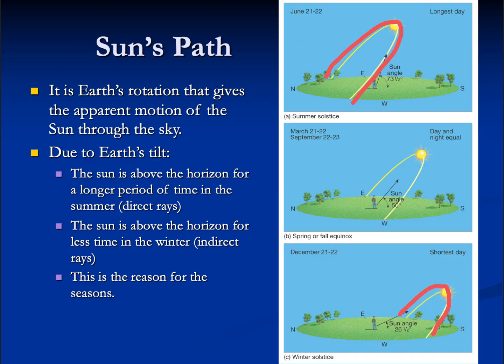The first days of summer and winter are called solstices. The first days of spring and fall are called equinoxes. And we get exactly 12 hours of day and 12 hours of darkness on those days. The equator always gets 12 hours of light and 12 hours of dark year-round.